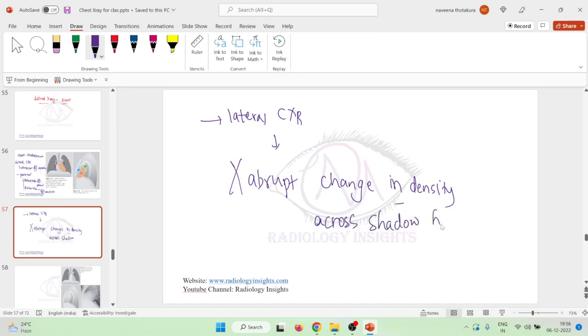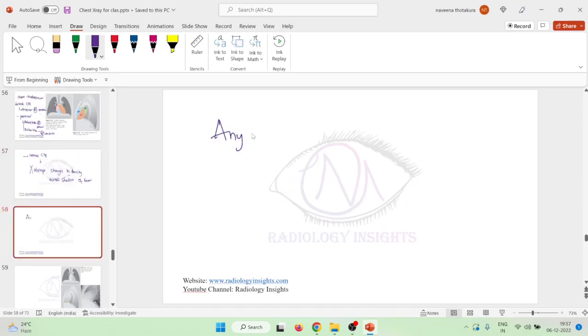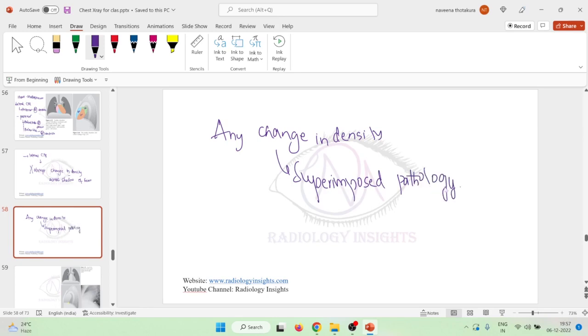If there is any change in density, then you should always suspect superimposed pulmonary pathology of the lungs.